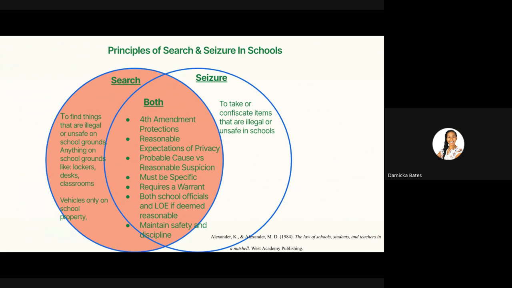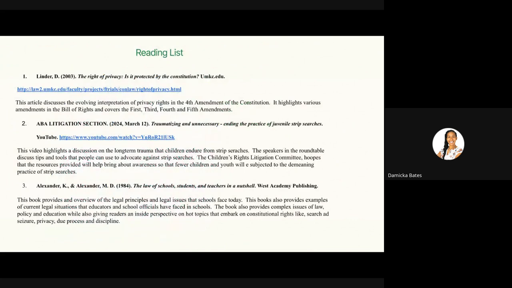But where they are similar is they both apply under the Fourth Amendment protections. There are reasonable expectations of privacy, probable cause versus reasonable suspicion. Claims must be specific, require a warrant, and both school officials and law enforcement officers, if deemed reasonable, can conduct searches and seizures. And it is usually to maintain safety and discipline.